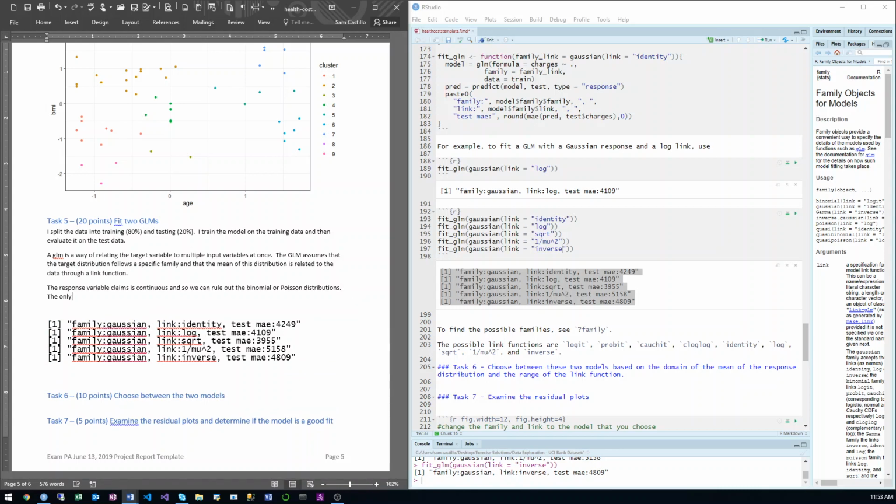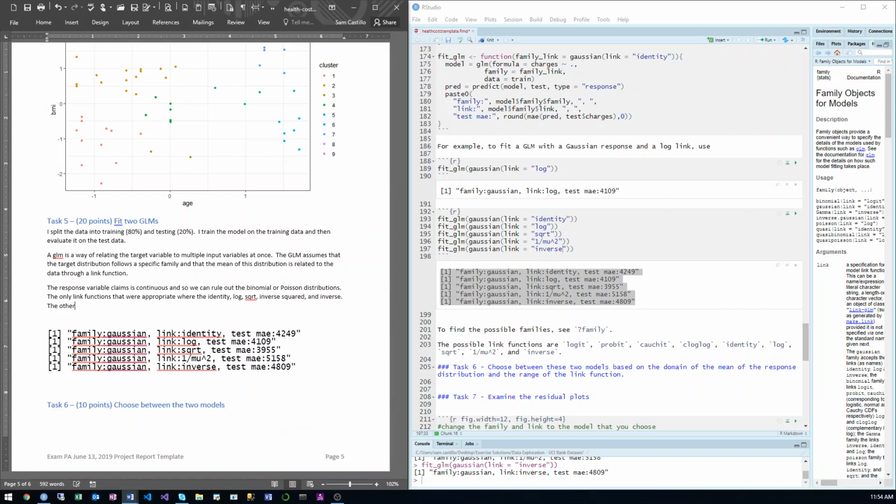The only link functions that were appropriate were the identity, log, square root, inverse squared, and inverse.